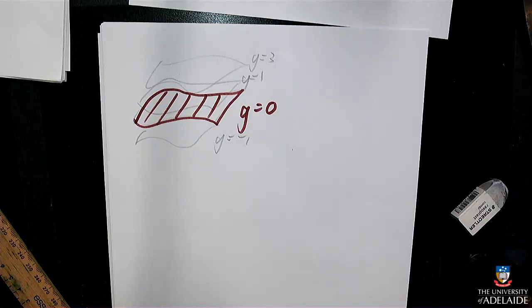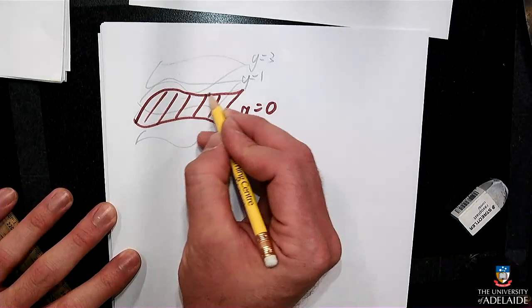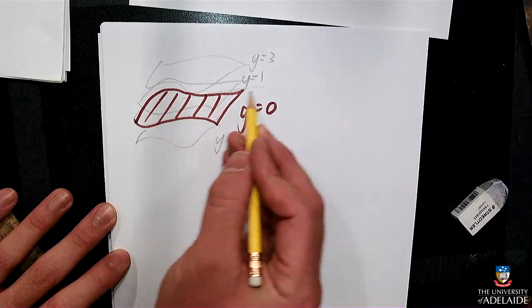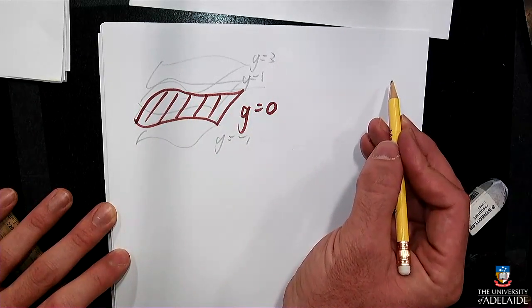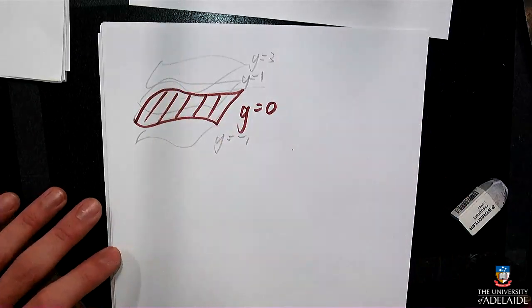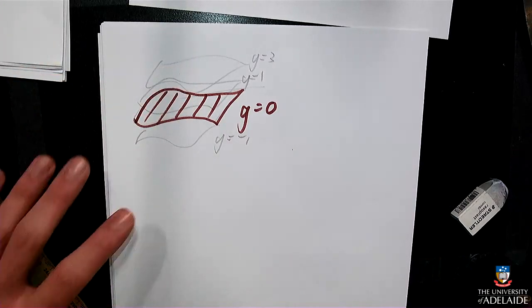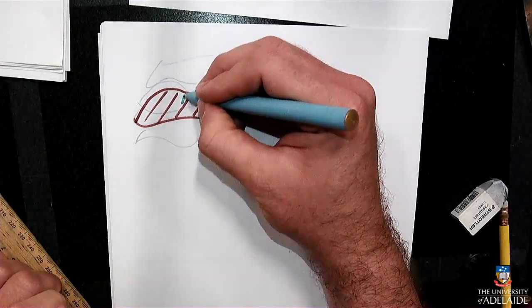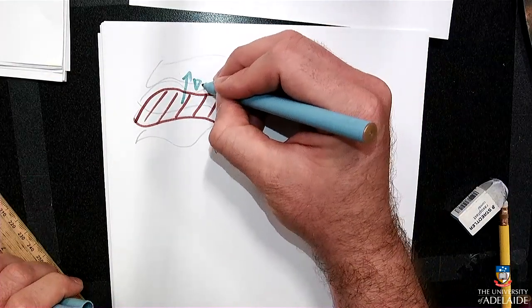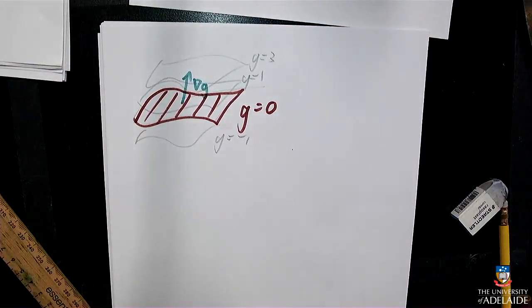If I go perpendicular to that surface, that will be changing g as fast as you can. Because if I go this way, out there, it'll take me ages to get to g equals 3. But if I go that way, I'll get to g equals 3 really quickly. And that is why the gradient of g points perpendicular to your surface.